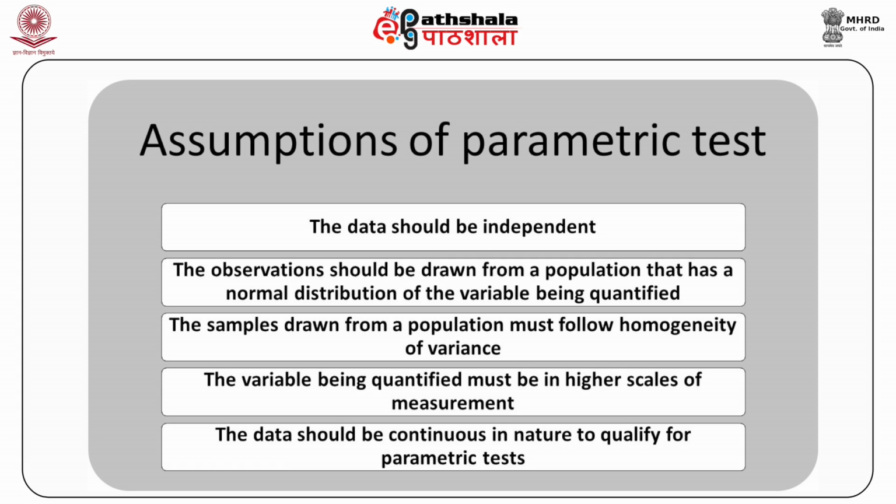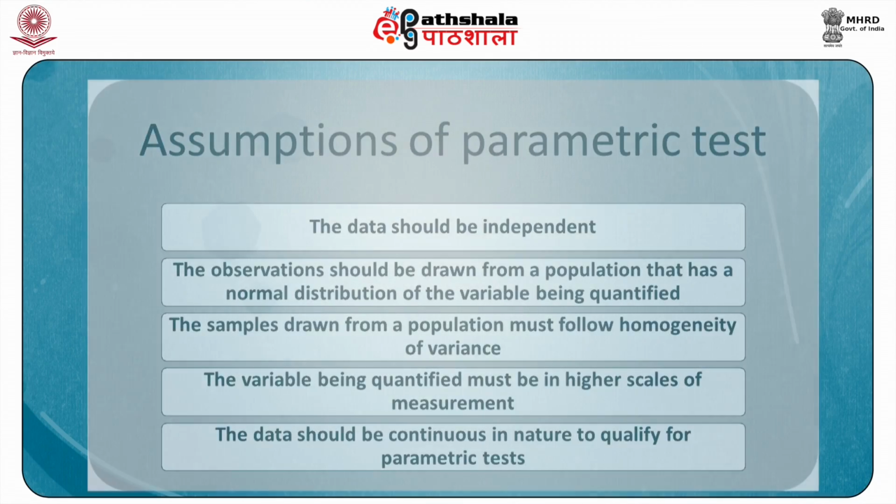The variable being quantified must be in higher scales of measurement, that is, interval or ratio scales. The data in the qualitative scales, namely nominal and ordinal, is not suitable for parametric tests. The data should be continuous in nature to qualify for parametric tests.